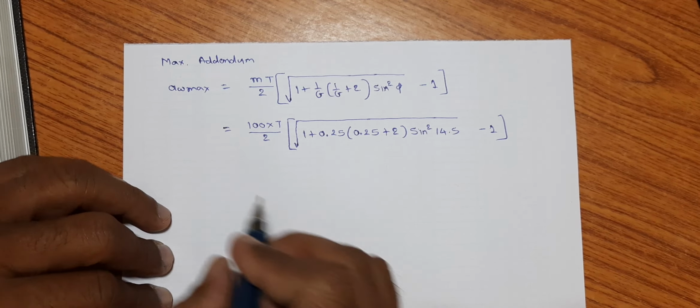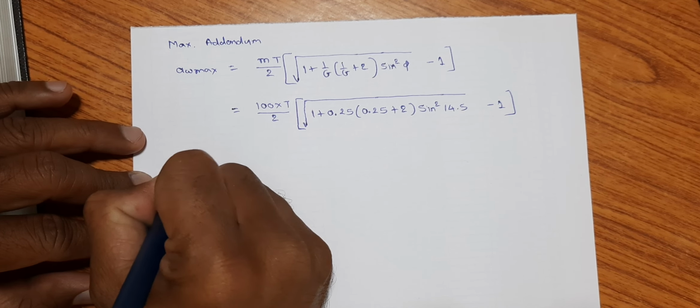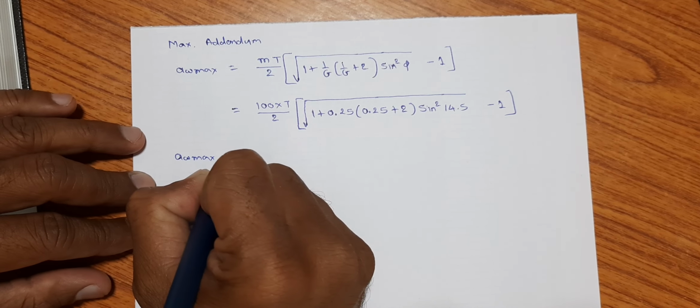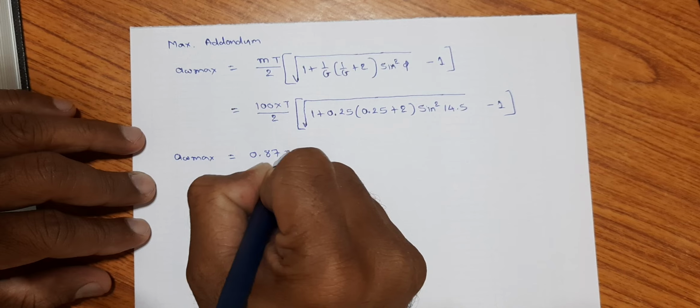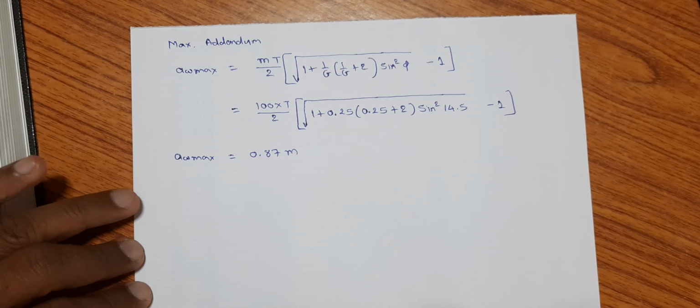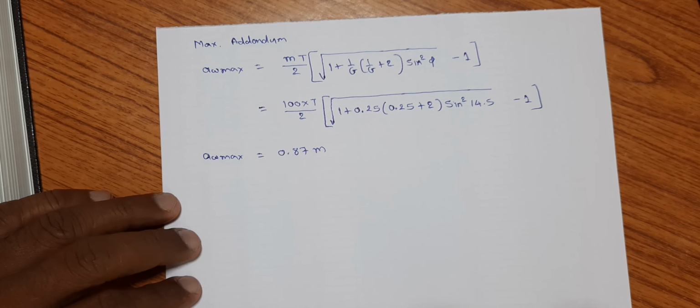On calculation, we found that Aw max is equal to 0.87 times module. Now we want to calculate this in terms of circular pitch.